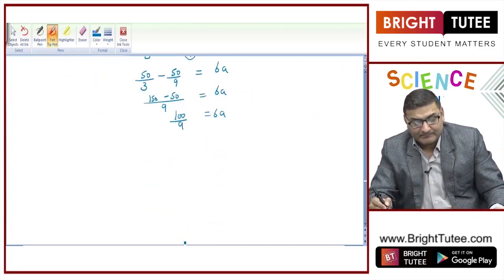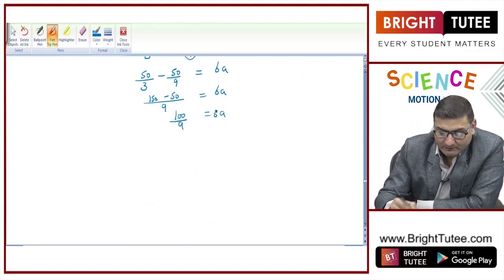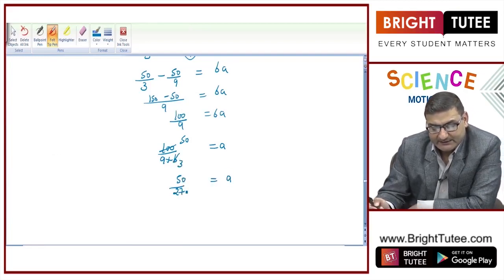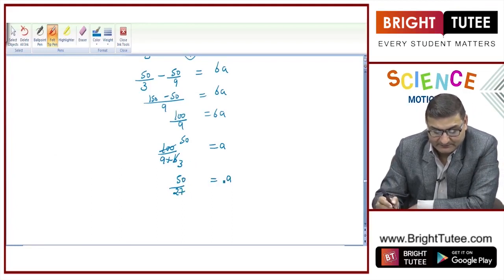Got it? Simply taking 6 over here, I will get a is equal to 100 by 9 into 6, which comes out to be a is equal to 50 by 27. It is not being reduced to lower values.